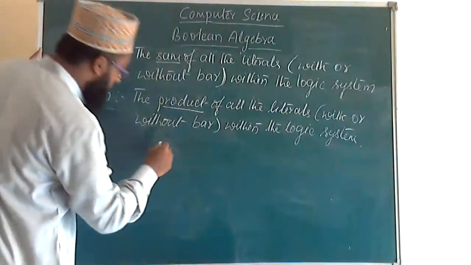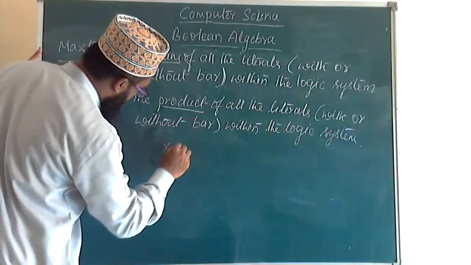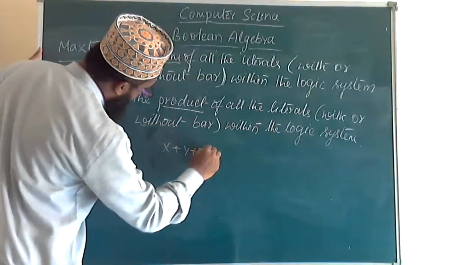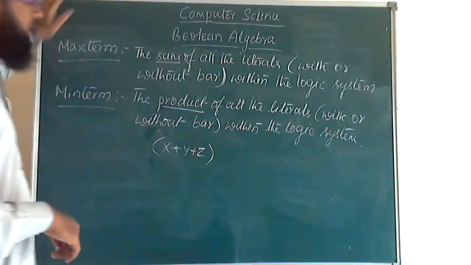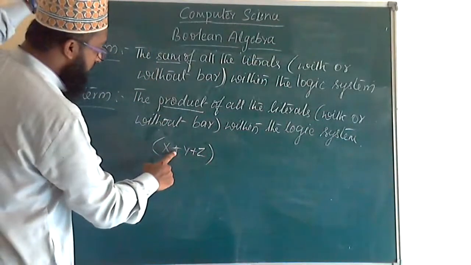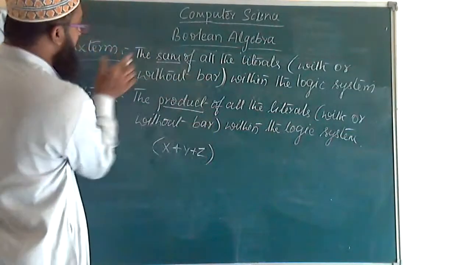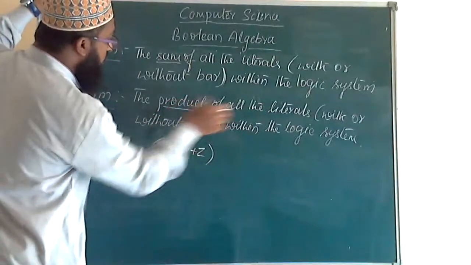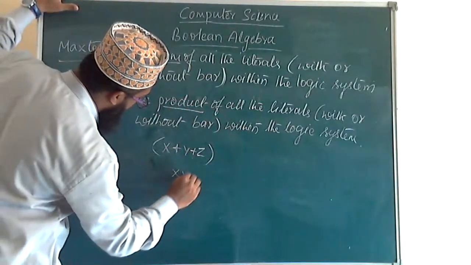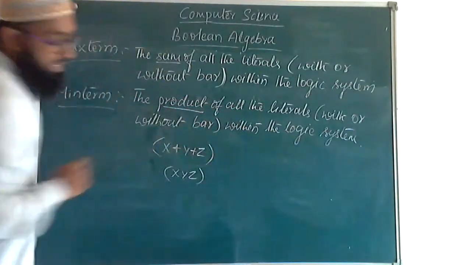Here sum of all the literals means x plus y plus z. This is called max term because sum means addition, plus. So sum of all the literals is a max term. Then product of all the literals means x, y, z, the multiplication.